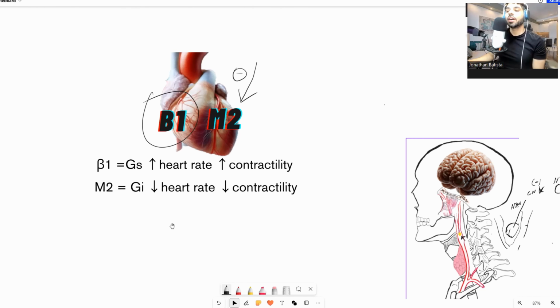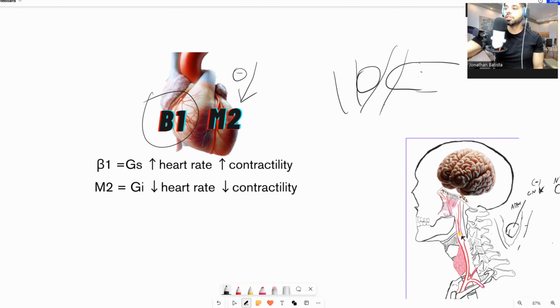Also, if I manually stimulate the carotid sinus, if I start pressing on it manually, well, what am I doing? I'm making contact with the sinus, pressing it with my fingers, basically letting it know, hey, activate yourself. So what would it do? Cranial nerve 9 sends the afferent signal of activation, of stimulation.